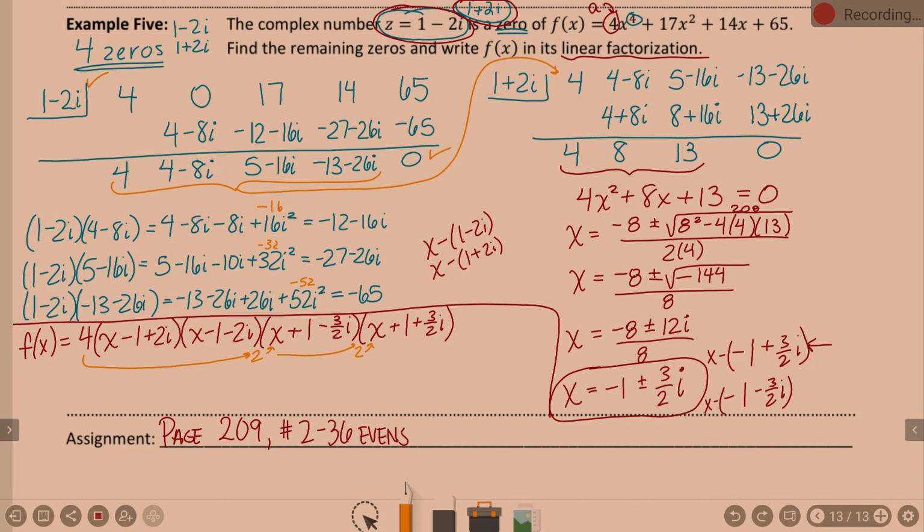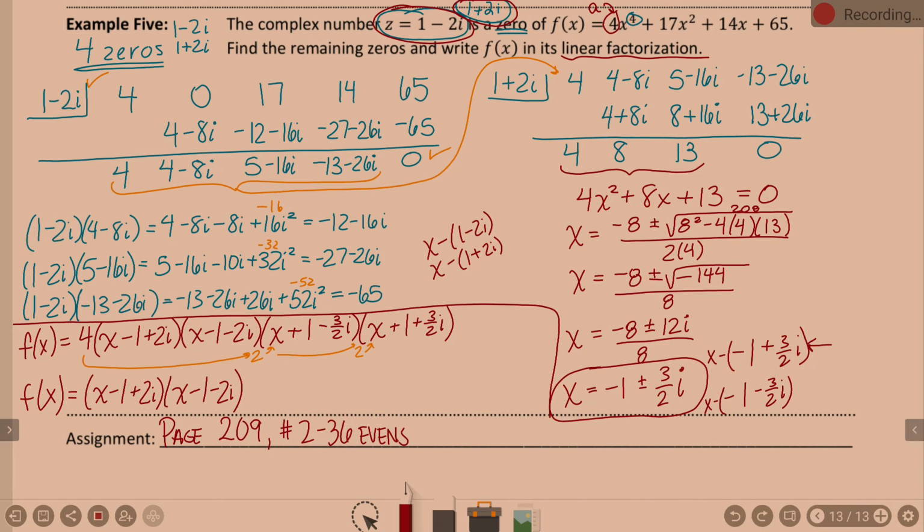So if we write out our official final answer, f of x equals, the 4 is gone, right? Because we're going to multiply it as 2 twos. We're still going to have x minus 1 plus 2i. I'm still going to have x minus 1 minus 2i.